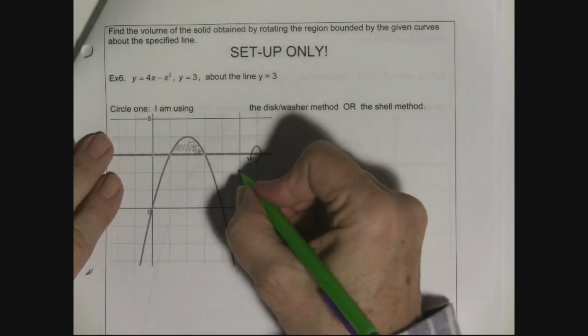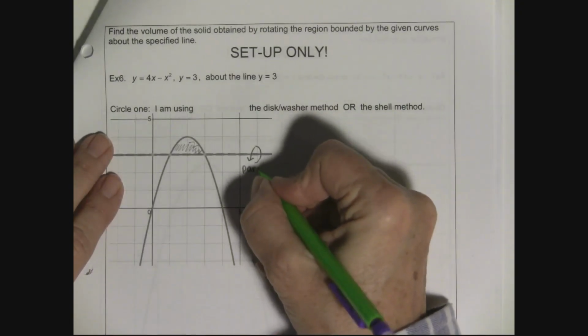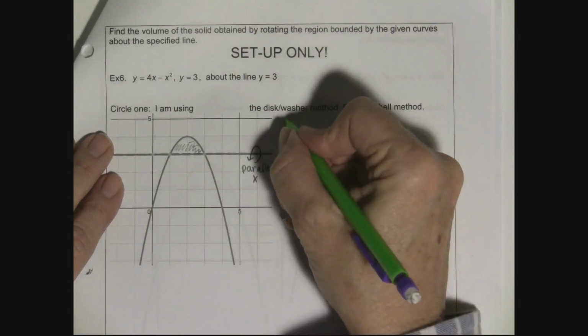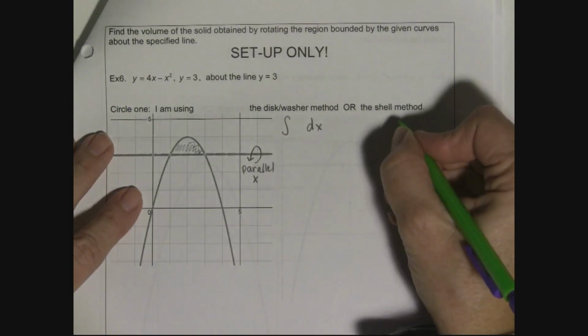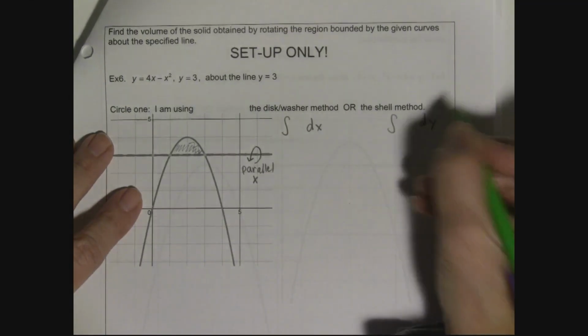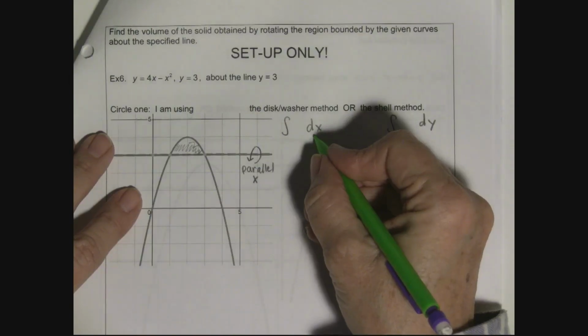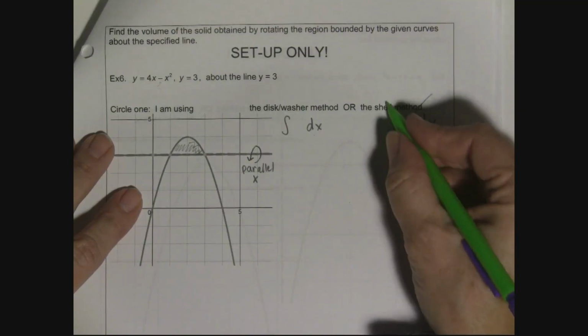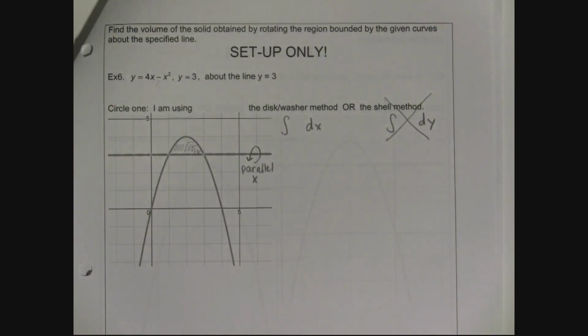I always write to myself that's parallel to x, which would mean the disc washer would be dx, and the shell would be dy, which would mean my equations need to be solved for y, and they are. This would mean my equations need to be solved for x, and that's not possible. So I'm not going to be able to use the shell method.